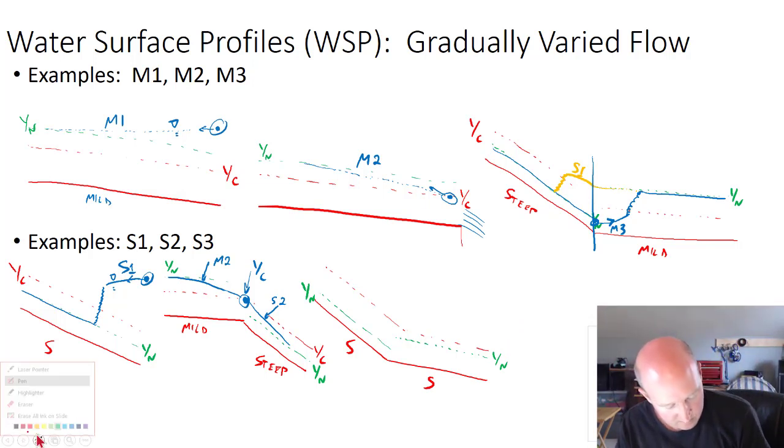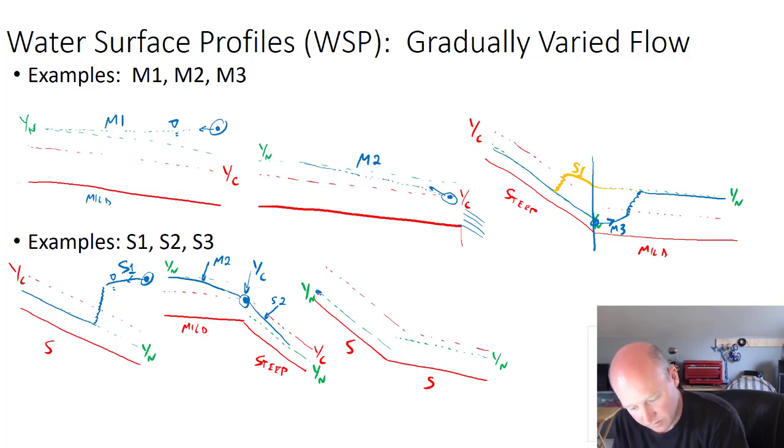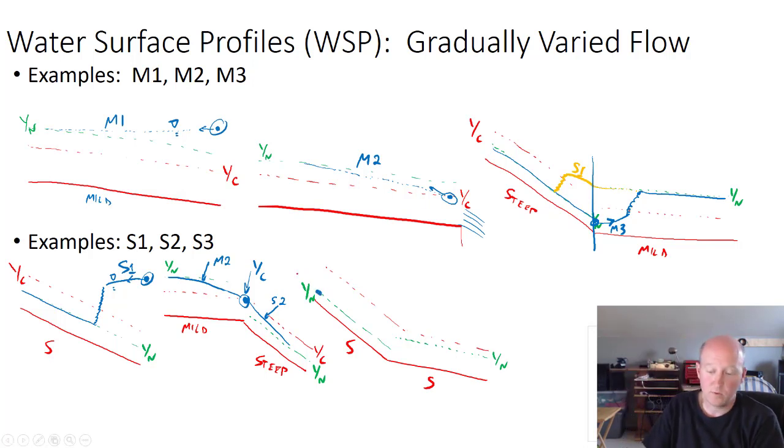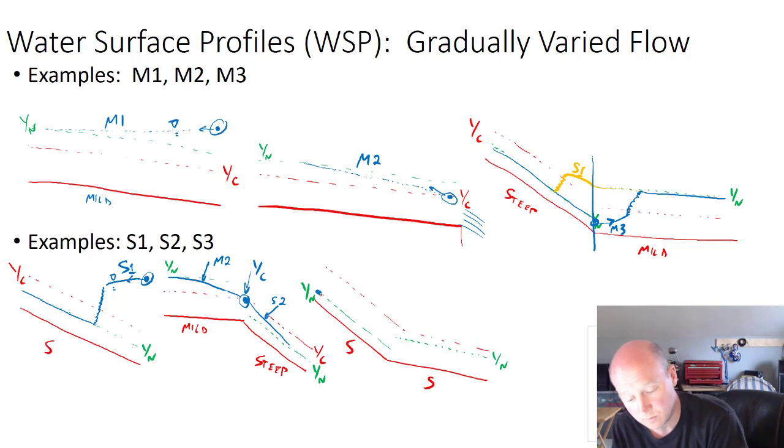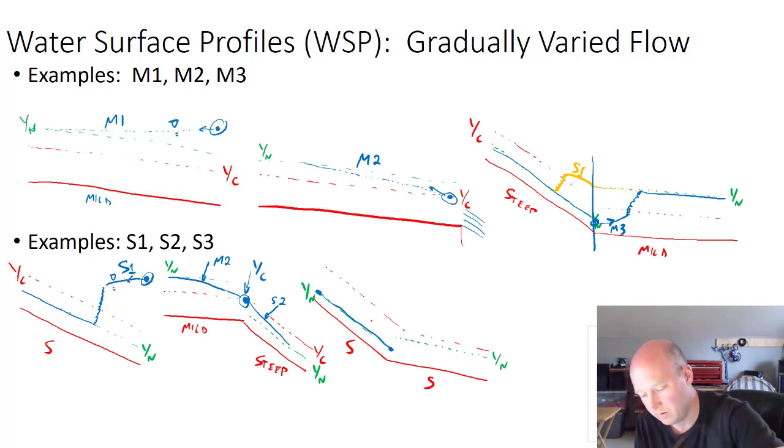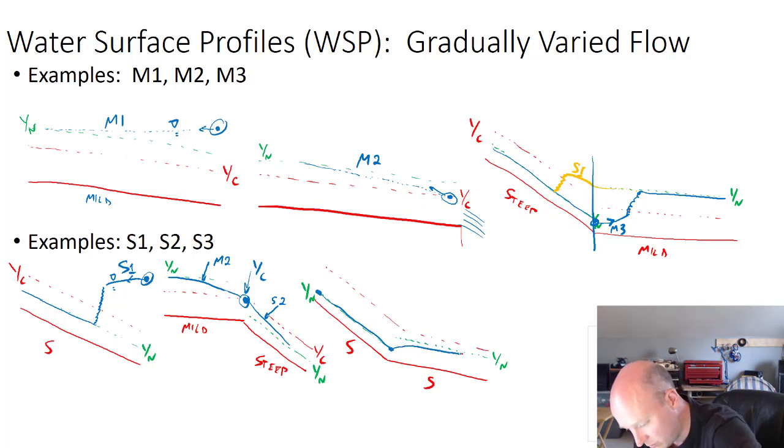So in this case, we're going to start upstream and we're going to say, if we go far enough upstream, it's going to be normal depth. And so we'll keep moving downstream until we get something that changes. And that thing that changes is the slopes. Now this is the point that we know. And it's going to asymptotically approach normal depth as it goes downstream. So this is an S3.